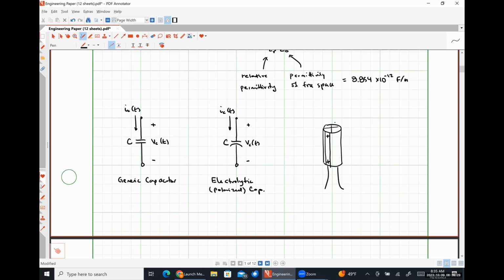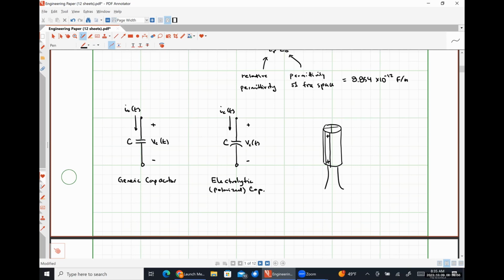So it's more cost effective to just use the generic capacitors. Electrolytic capacitors are used a whole heck of a lot in power electronics, where you should not expect to ever see a negative polarity voltage across your capacitor. So there's a built-in indicator that something's screwed up. All right.